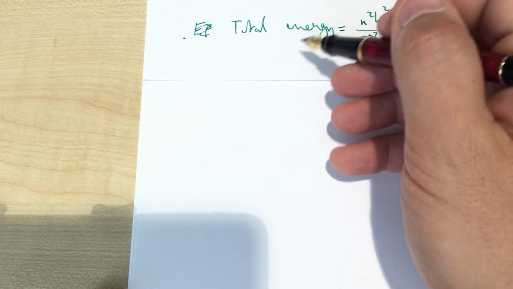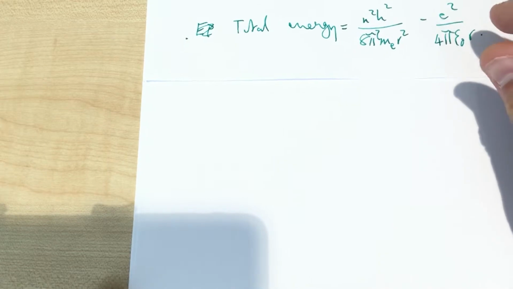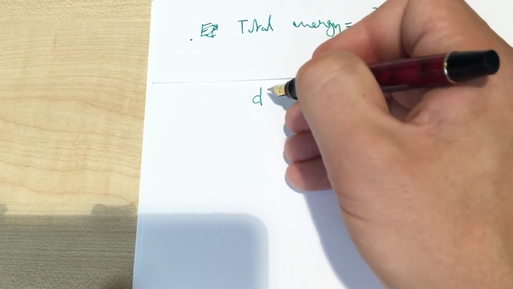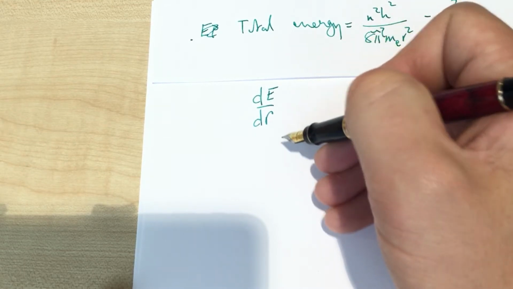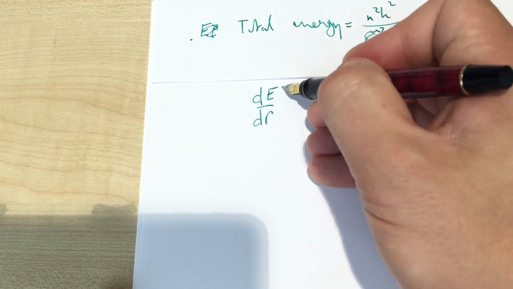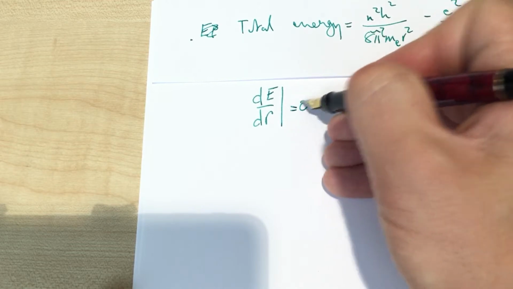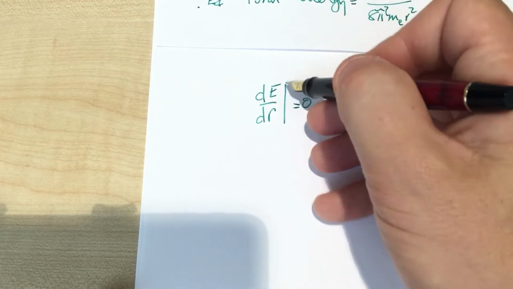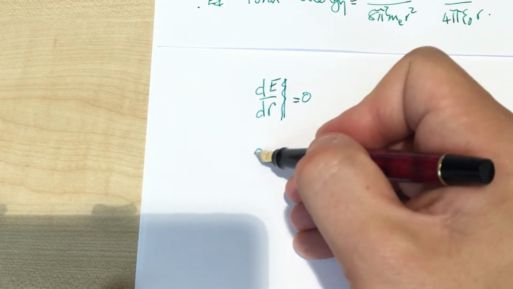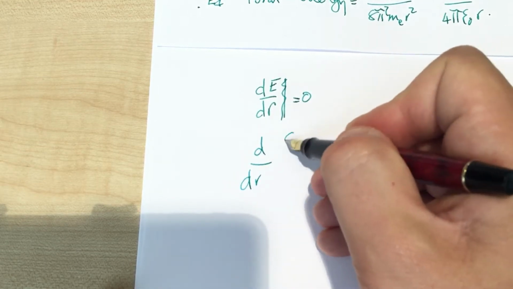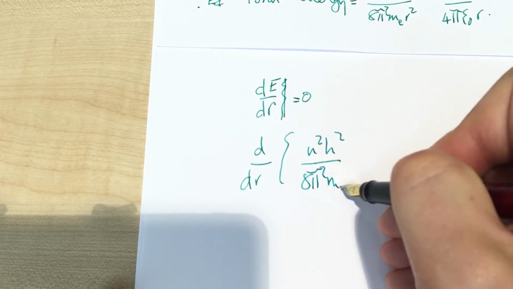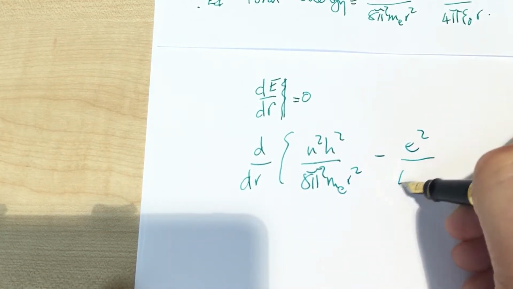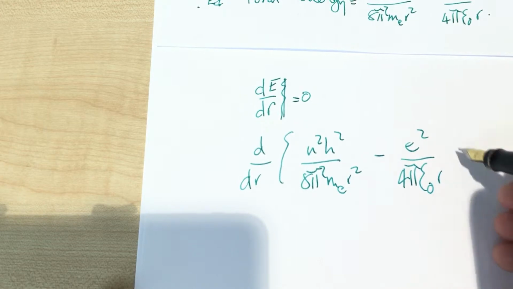So my total energy, and I want to work out when this function becomes a minimum. So what I want to do is take dE by dr and then work out when it becomes a minimum, equal to 0. Okay, simply, so that's d by dr of n squared h squared over 8 pi squared m_e r squared minus e squared over 4 pi epsilon naught r.